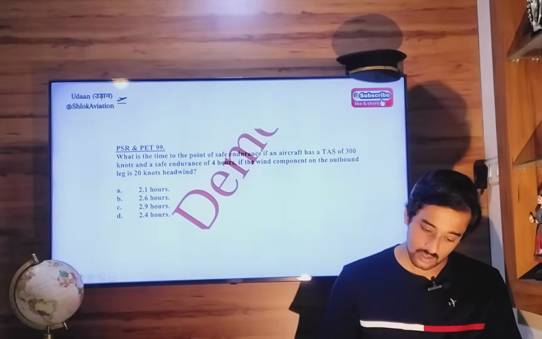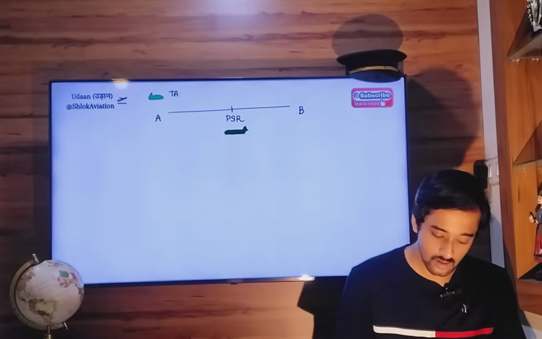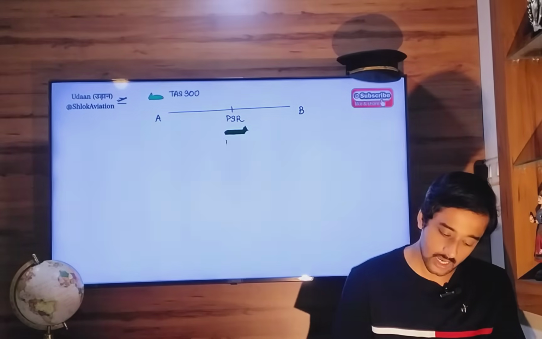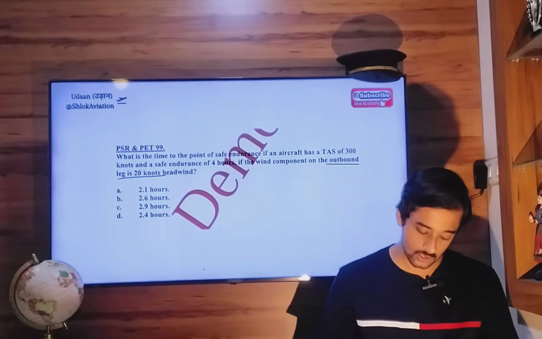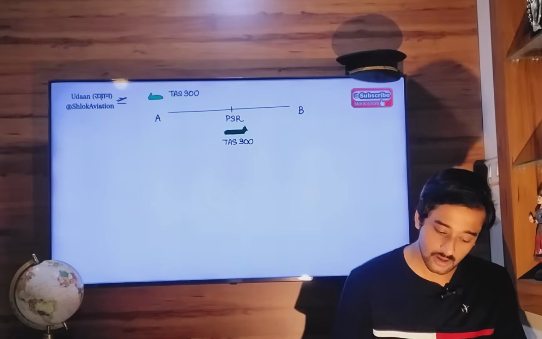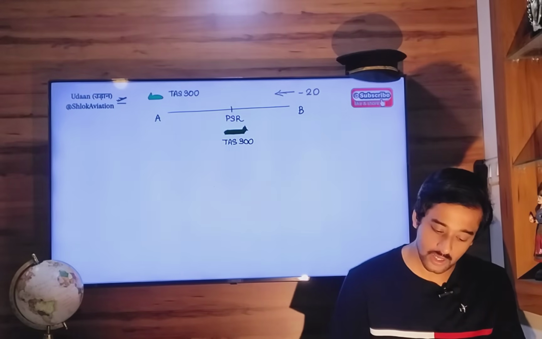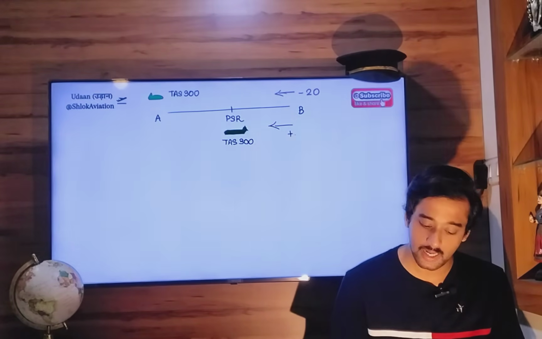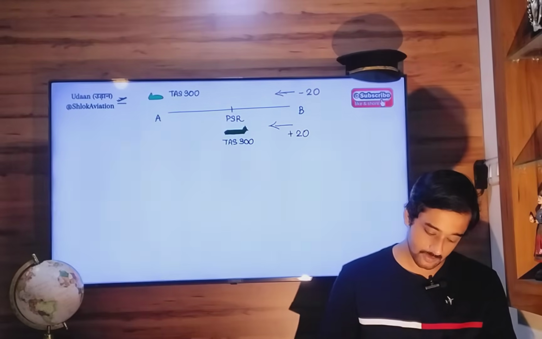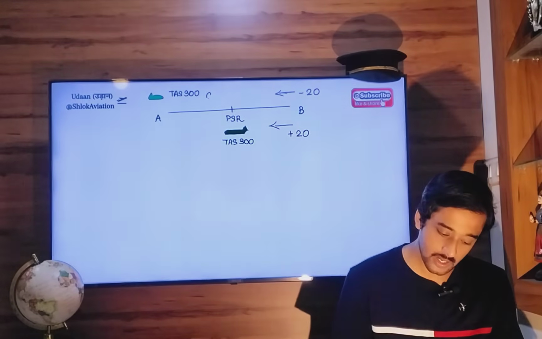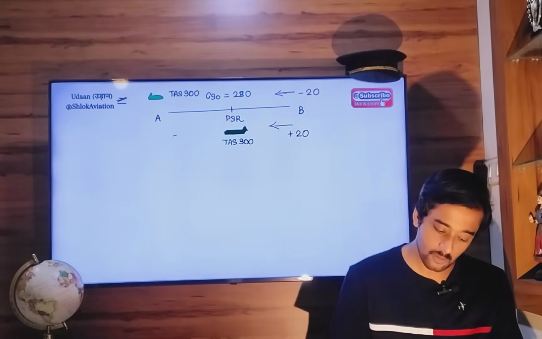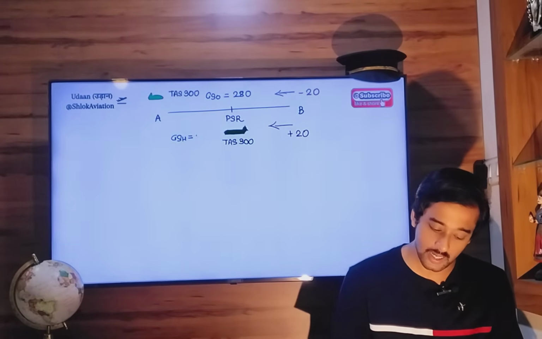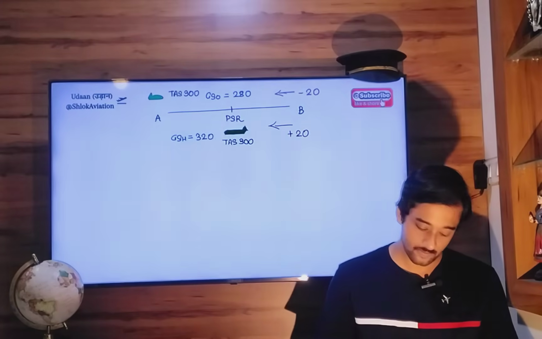TAS 300. Now, on the outbound leg, you are getting a headwind of 20 knots. So on the homebound leg, it will be a tailwind of 20 knots. Opposite. Now, what will be the ground speed here? 300 minus 20, that is 280. Here, the homebound ground speed will be 300 plus 20, that is tailwind, so 320.